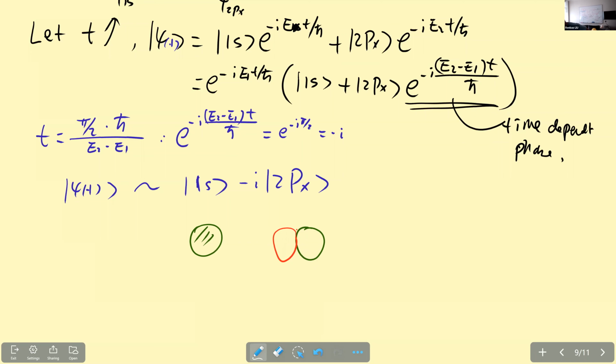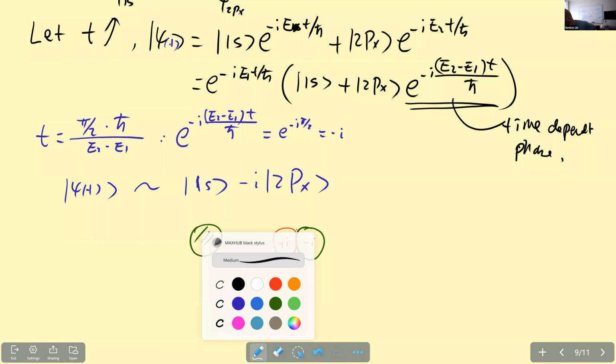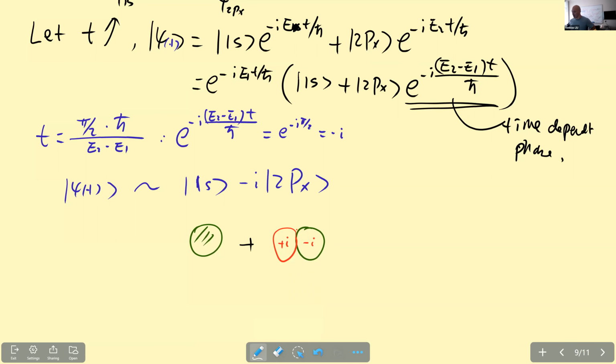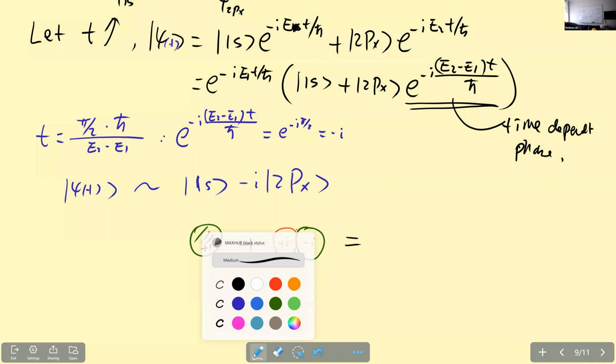But now, because there's minus i, this will become minus i, this will become plus i, right? You do the summation of the two. And now you can see that this is going to be plus 1, plus 1 minus i and plus 1 plus i, they're actually the same, okay? They have the same amplitude. So now you get some function like this one.